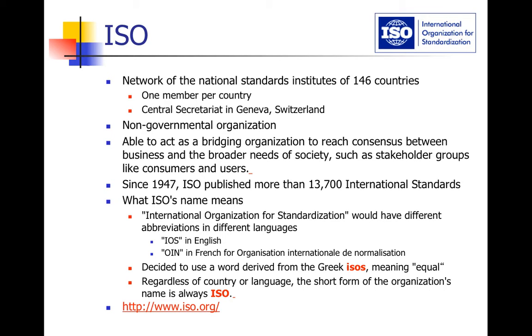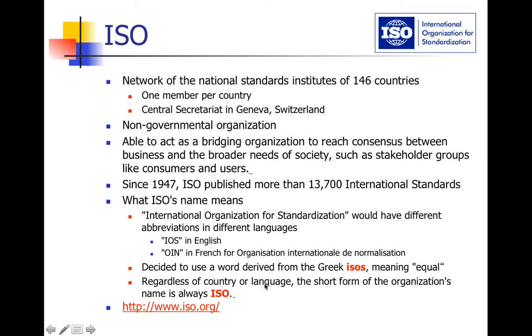One of the most important things for us is ISO. ISO is the International Organization for Standardization. This organization is in charge of telling us what the different layers of networking are. How can we communicate between different devices? If you notice, it should be IOS, but it's actually ISO, which is derived from the Greek isos, which means equal.